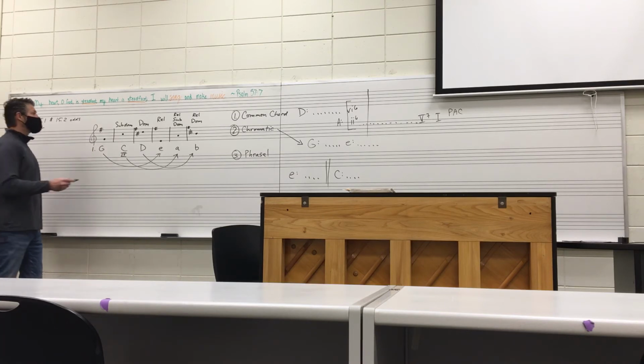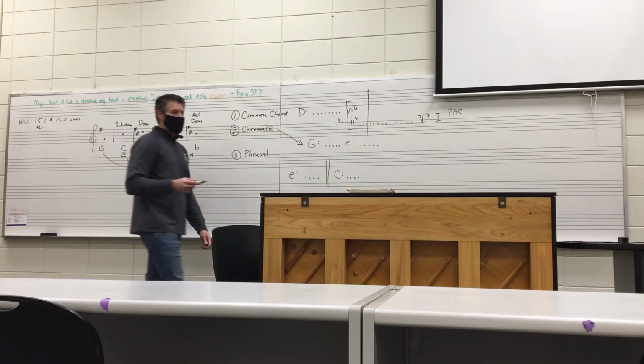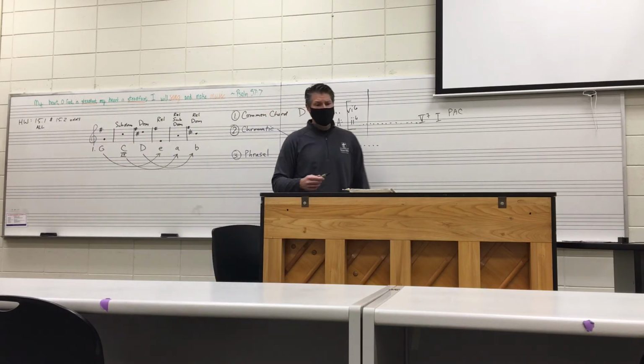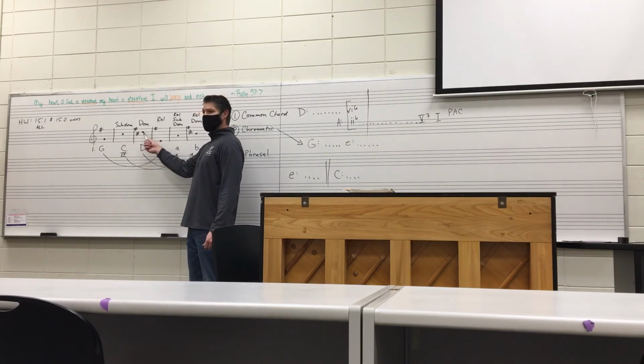Now, the reason I'm bringing this up is because on the rest of these, I want you to do first the subdominant, then the dominant, then the relative key, and I'm not saying relative minor because they might give you a minor key and you have to find the relative major.